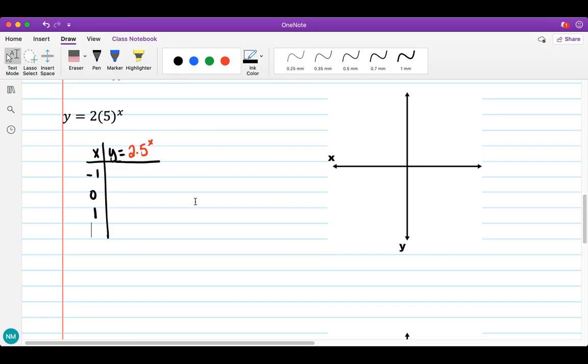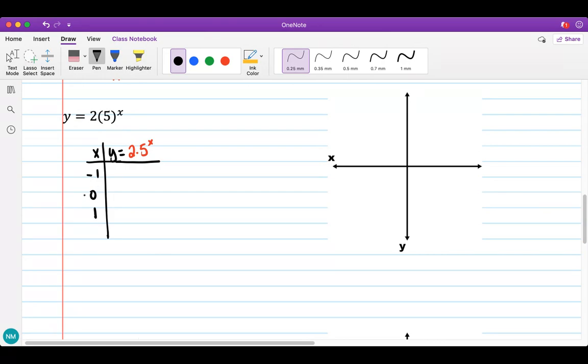When you do your Khan Academy exercises, you'll see that you're asked to graph some of these, and you're really only going to need 2 points. I'm going to show you which points you'll want in the next example. But let's do all 3 of these.